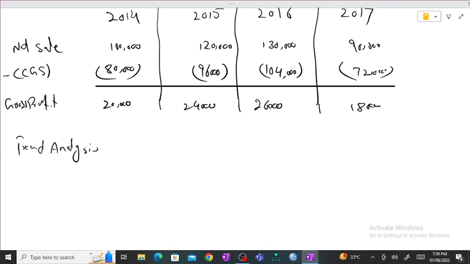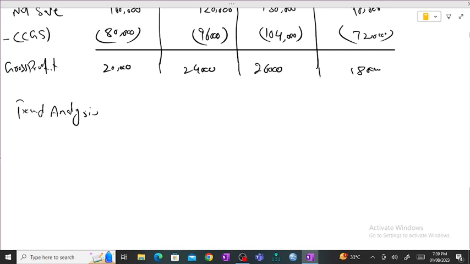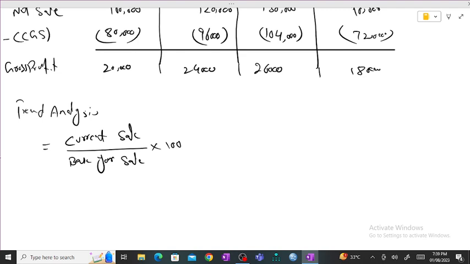for the income statement. Now, the formula for the trend analysis is equal to current sale divided by base year sale, multiplied by 100.